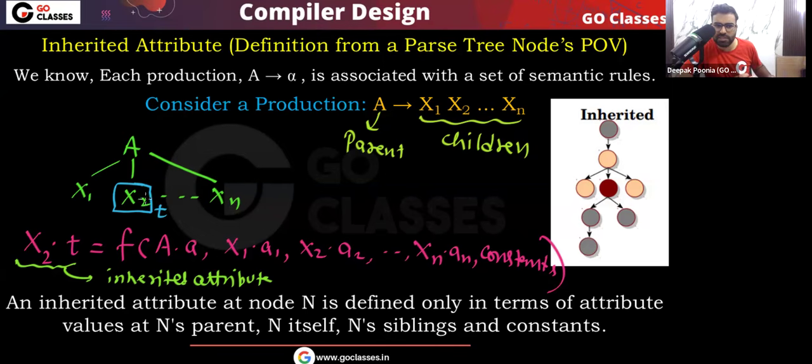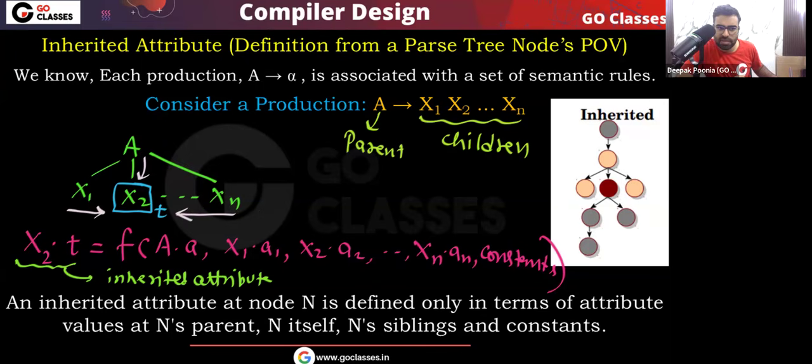So tell me a very simple thing I am asking. We are computing t attribute value for this node X2, and for this computation the information is flowing in which direction? You can see, to compute the t attribute value for this node we can use attribute of parent. Yes or no? We can use attribute of sibling from left to right, we can use attribute of sibling from right to left.